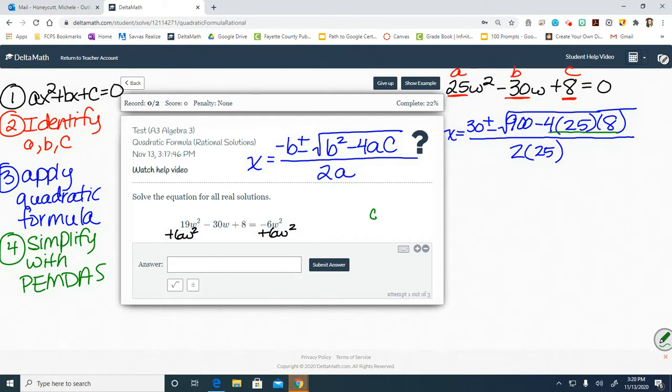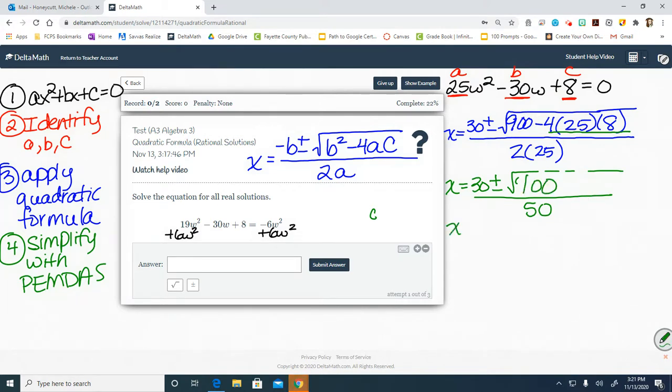So I'm going to do this part first. So x equals 30 plus or minus the square root 900 minus 4 times 25 times 8 is 800, all over, and I'm going to multiply 2 times 25. 2 times 25 is 50. Now I know 900 minus 800 is 100, so I'll just change that to 100.